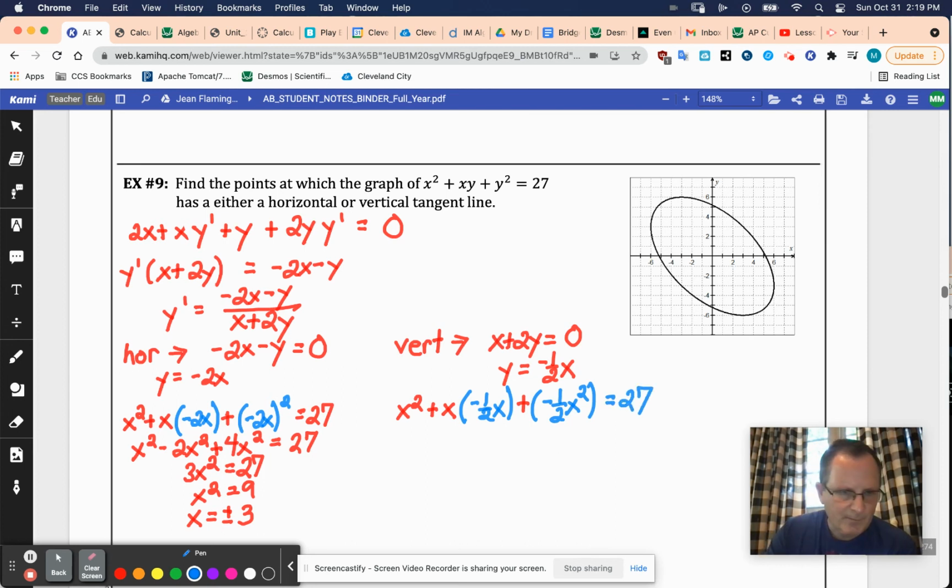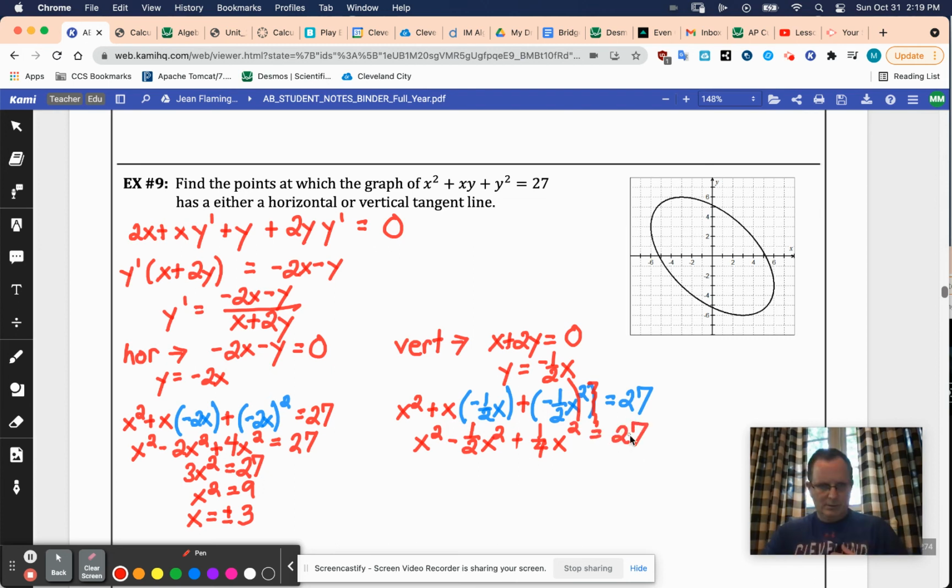Oops, forgot to change it back to red. So we have x squared minus a half x squared, and this is a screw up right here. This is supposed to be out here. 1/2 squared is 1/4, so that's plus 1/4 x squared, equals 27.